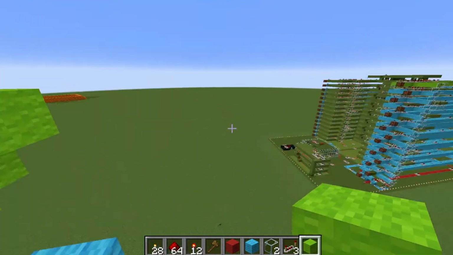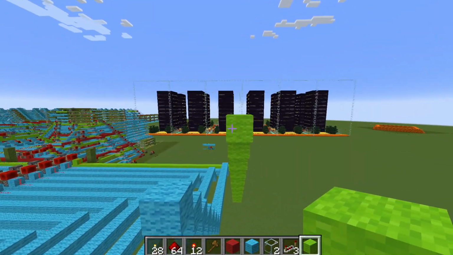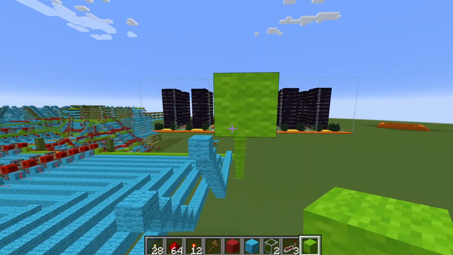Right, so I'm just going to really double check that this is the right height, because it'll help to pick up any errors now.